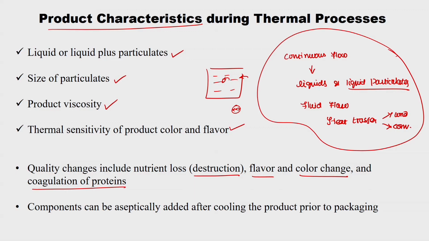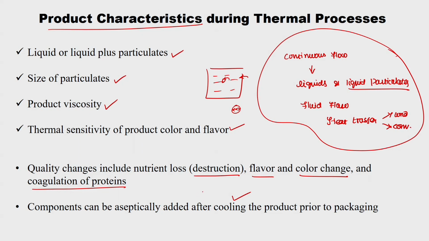And components can be aseptically added after cooling of the product prior to packaging. If you find that, okay, 139 for 4 seconds is needed for UHT, and at that particular sterilizing temperature my product loses any nutrient, then components can be added aseptically after cooling the product to compensate for any losses during the thermal process.